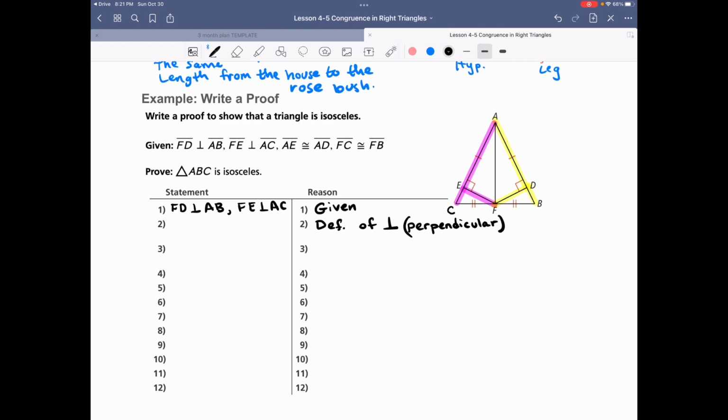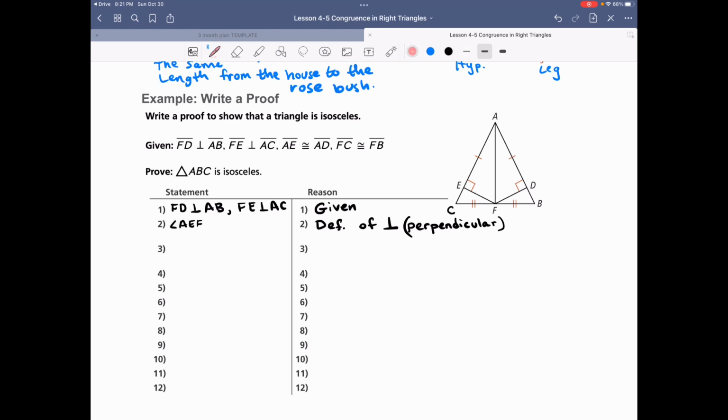So what's perpendicular? Well, which ones are equal to 90 degrees? So the angle AEF, I'm going to just clear this highlighter so that you can see what angles I'm talking about.